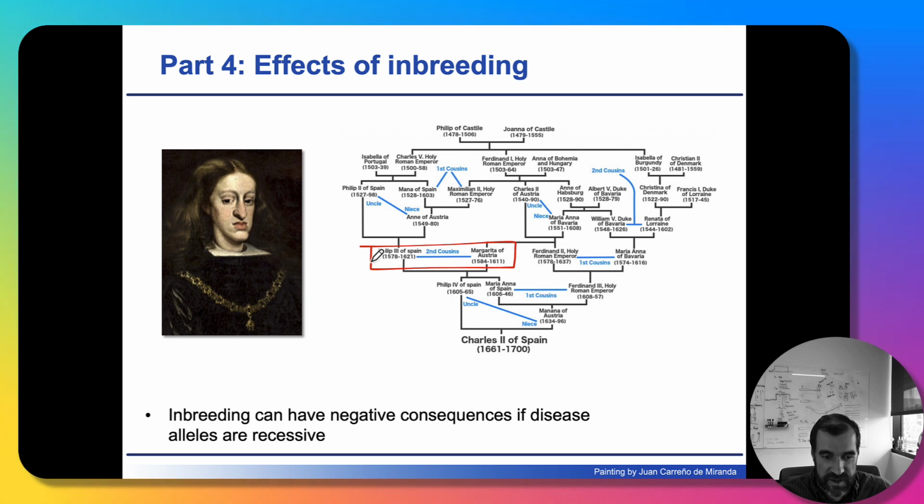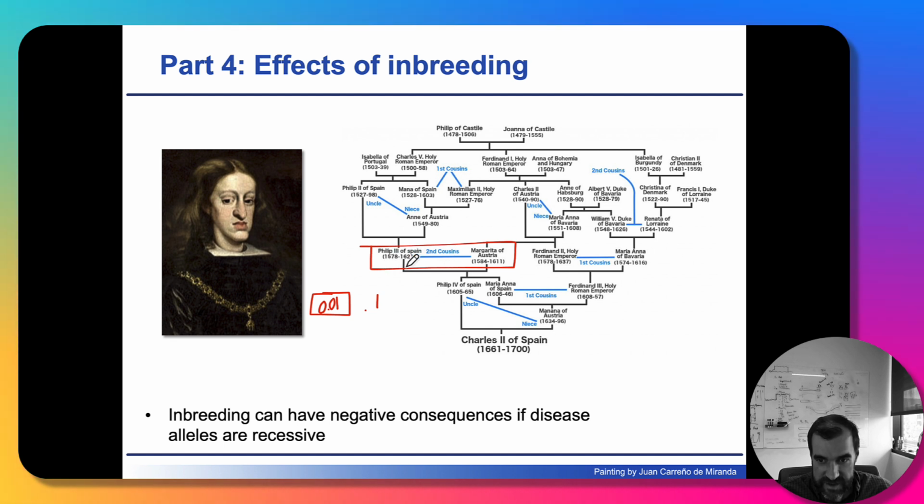And so this has a negative consequence because it can make disease alleles much more likely to end up in a homozygous state together. This would be a good test question. If you have a disease that has a very low frequency in the population, of 1/100th of 1%, in general, that means the carrier frequency is low enough that it's very unlikely that two individuals will come together that both are carriers.